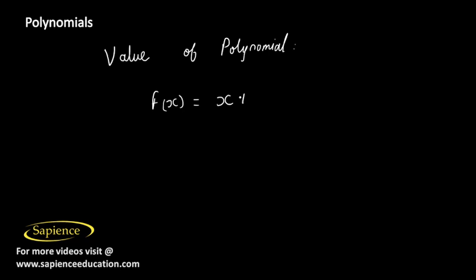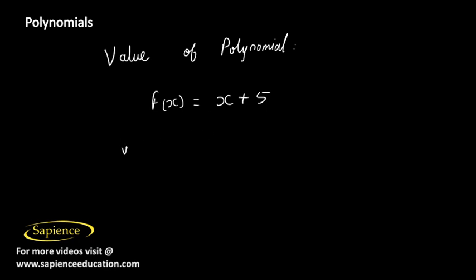So now we can see what is the meaning of value of a polynomial. Usually polynomials are represented like this. So this is the polynomial. f of x, meaning function of x, is equal to x plus 5. Now the value of a polynomial: when you substitute any number, any value for x, whatever value you get for the polynomial is called the value of the polynomial.